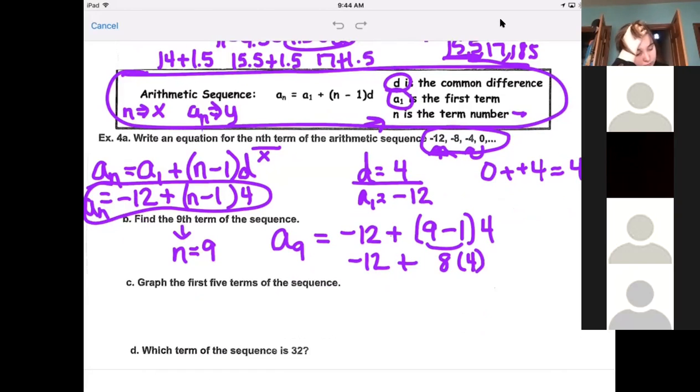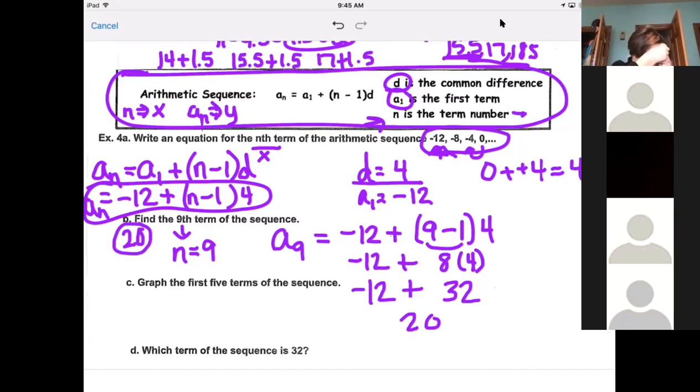Yeah, 32. Oh, I'm sorry, I thought you said 2. It kind of cut out, all that glitchy tech stuff. Okay, now -12 plus 32, Lauren. Yep. Okay, so the 9th term is 20.